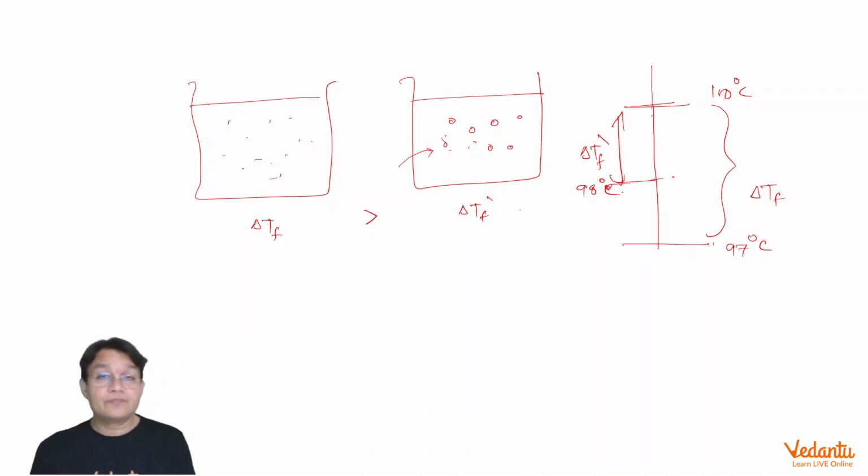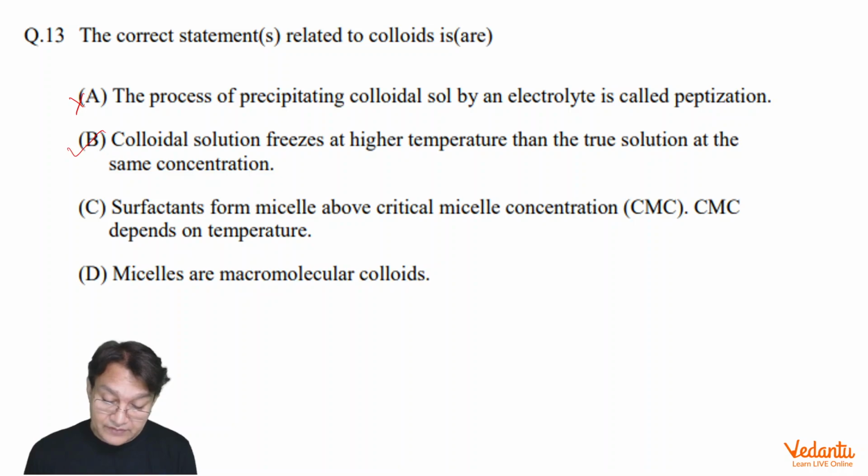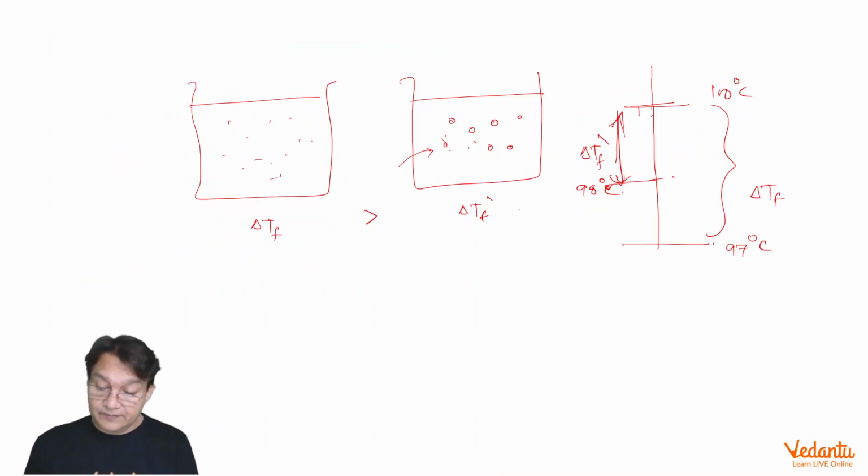So we can say that delta TF dash is less than delta TF. So we can say colloidal solution freezes at higher temperature than the true solution. Okay. So if delta TF is less, of course the freezing point is more because the freezing point is inversely proportional to delta TF.